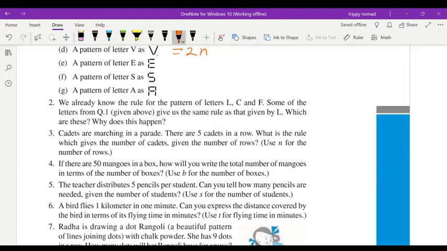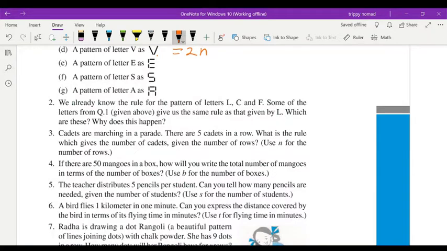Now I am going to start question number 3. Cadets are marching in a parade. There are 5 cadets in a row. What is the rule which gives the number of cadets, given the number of rows? Use n for the number of rows. So in the first row, how many cadets? 5.